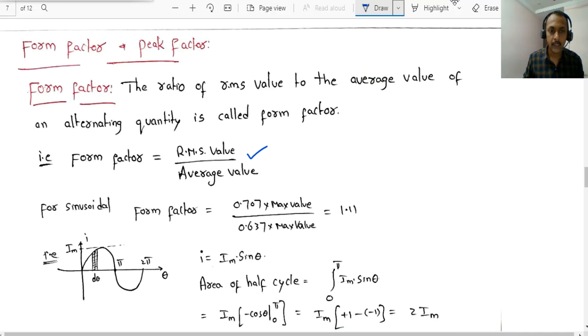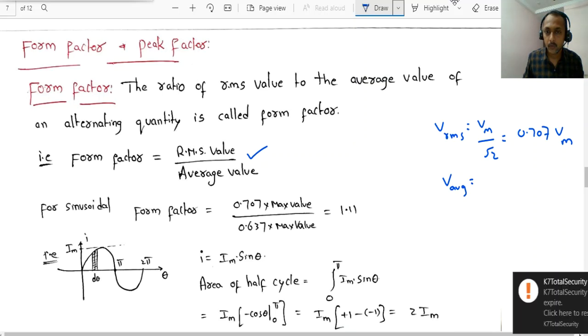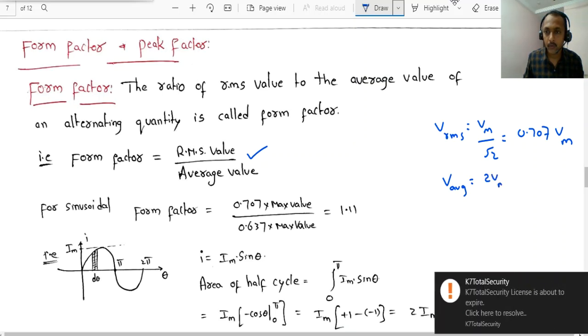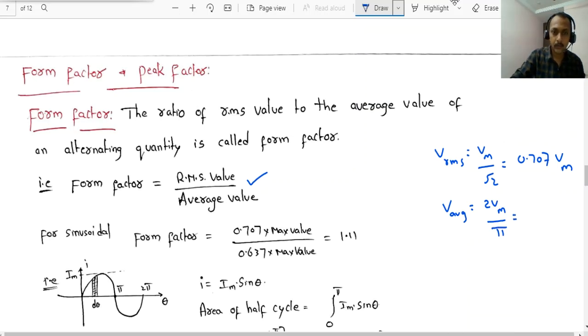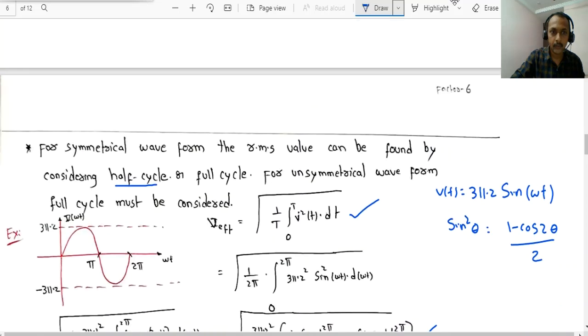Now if you observe, for sinusoidal, the RMS value is Vm by root 2. 1 by root 2 is nothing but 0.707 times Vm, and the average value is 2 times Vm by pi, right? That is 0.637. Already we have seen in the previous derivation.